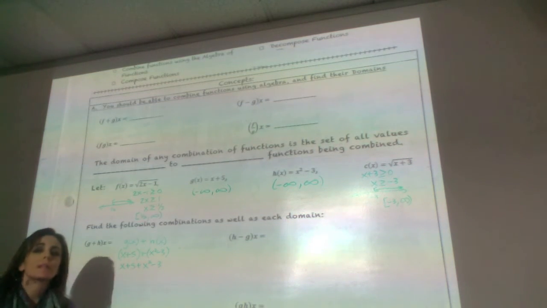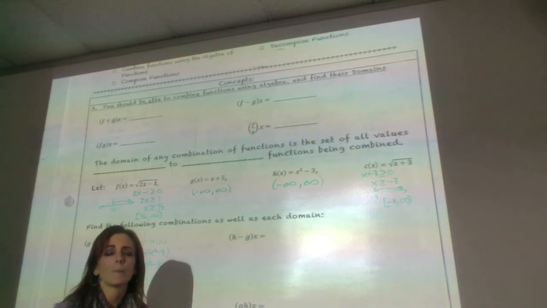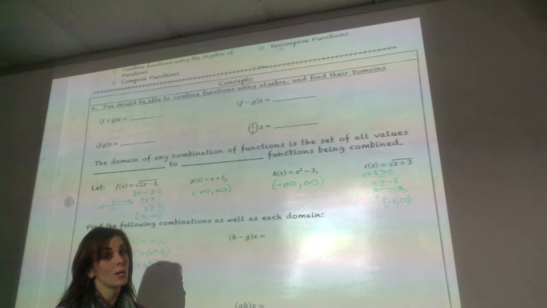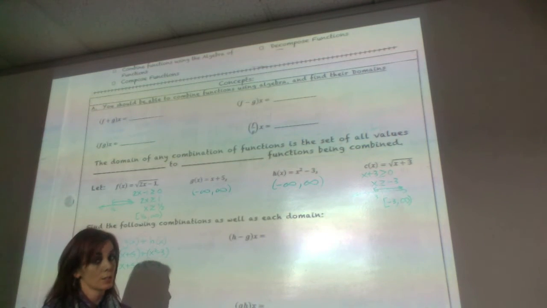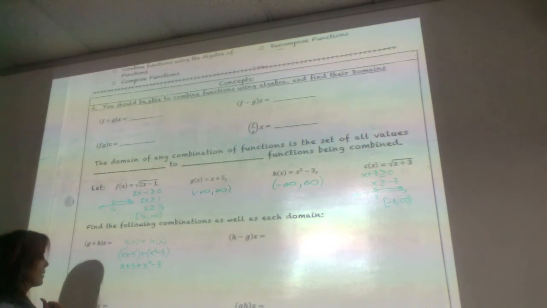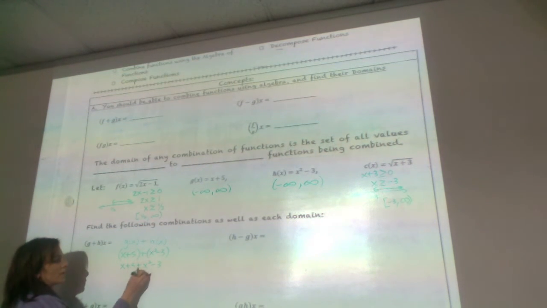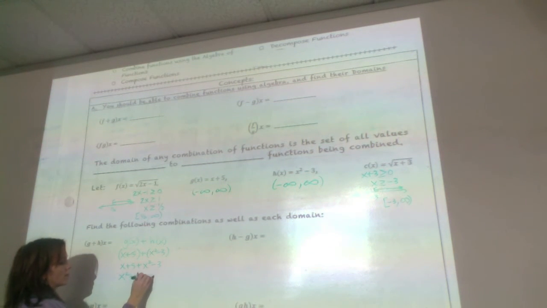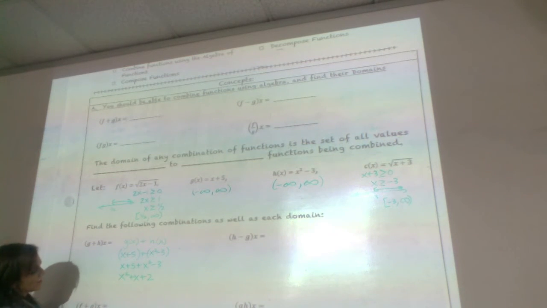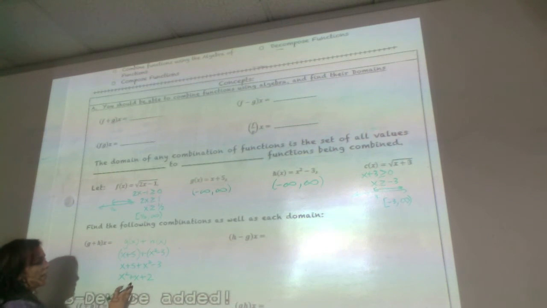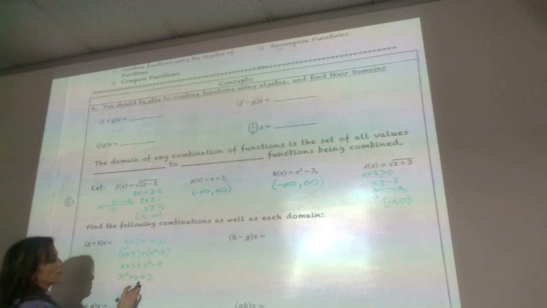And the only thing that I'm going to do with that now is clean it up a little bit, combine like terms, and put it in standard form, which means put the terms with the highest degree to the left and the terms with the constant to the right. Okay, so x squared is going to come first, right? X is going to come next, and then I've got 5 minus 3, also known as 2. And so my combination here, g plus h, is x squared plus x plus 2.